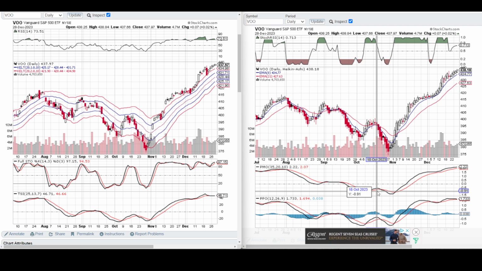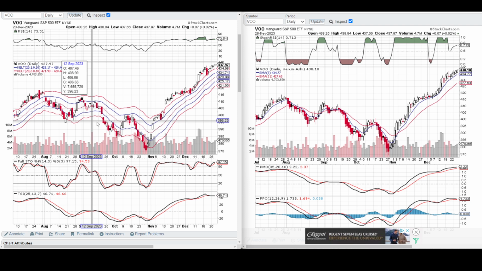So it was a little bit of a lagging indicator. Same thing with the PPO right here. It lagged a little bit, but then it did show that it went down. And you can kind of see that on the histogram, it went up near the peak, and then it started coming down again. So it was already giving you a clue that there was going to be a change.